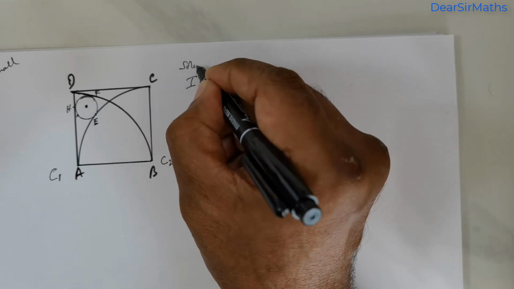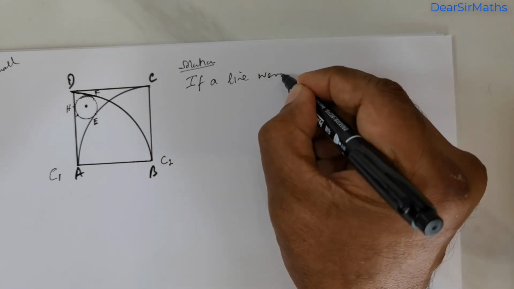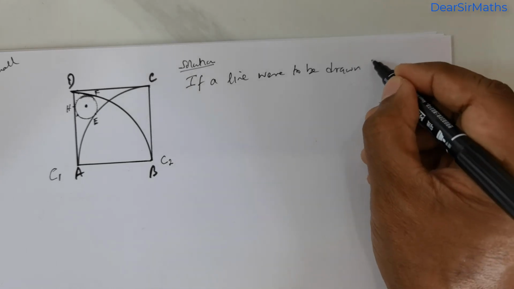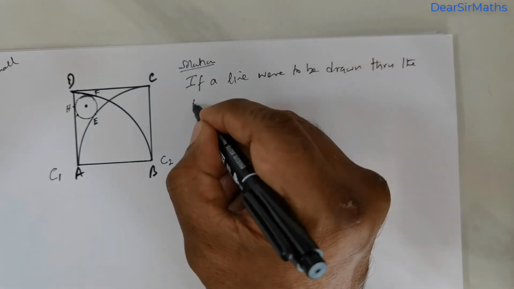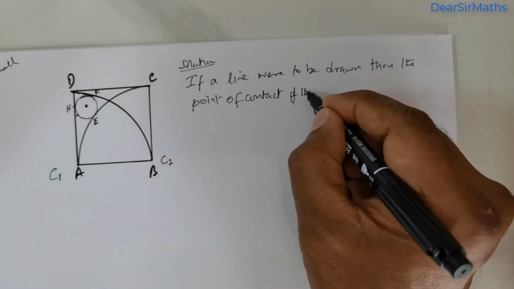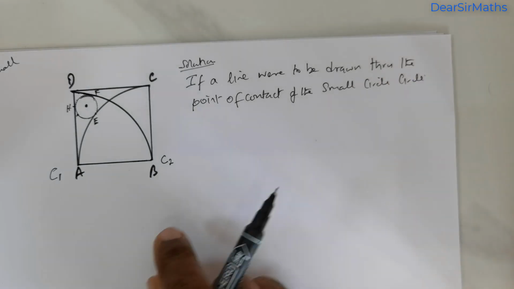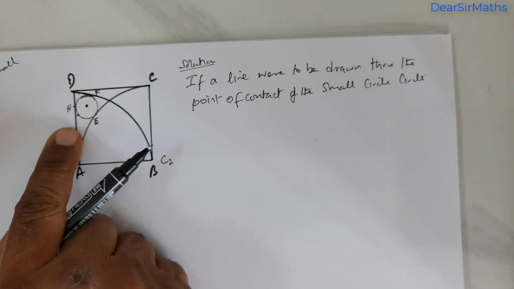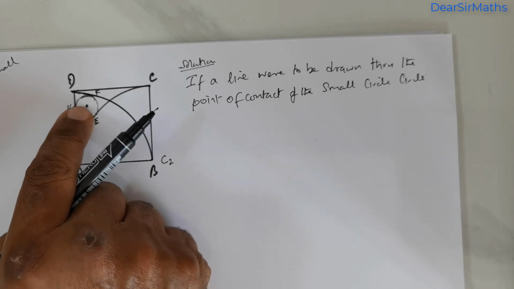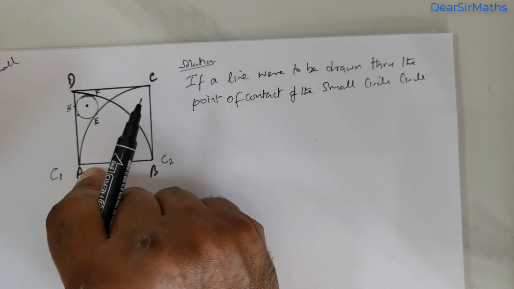If a line were to be drawn through the point of contact of the small circle, so what I'm going to do is consider the point of contact of the small circle with this C1.